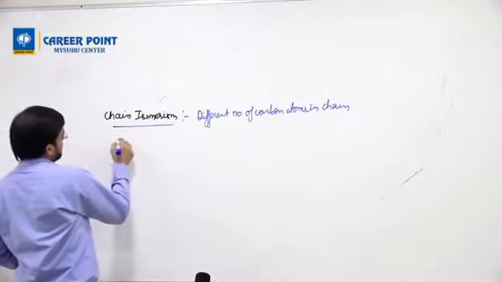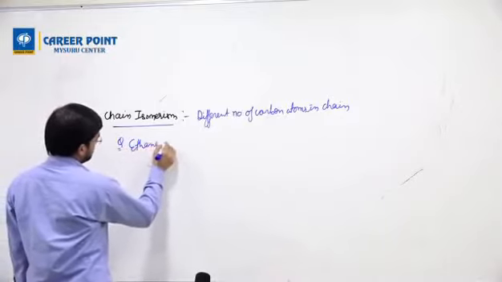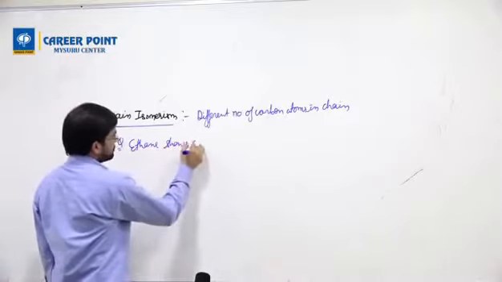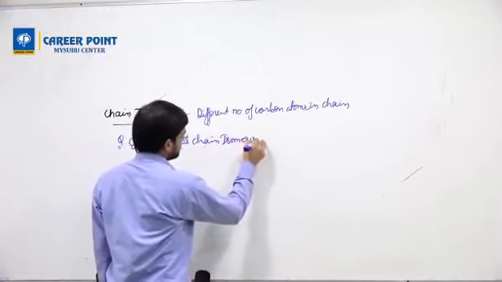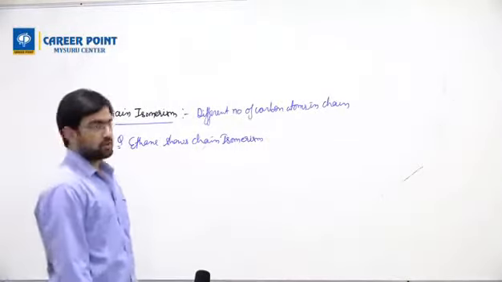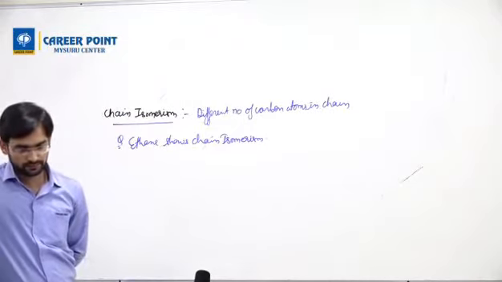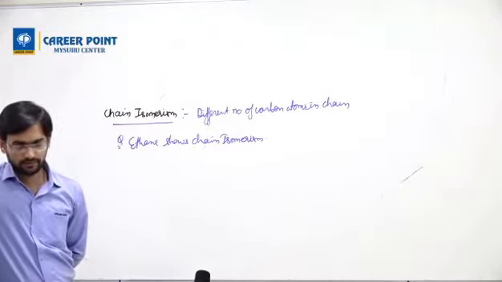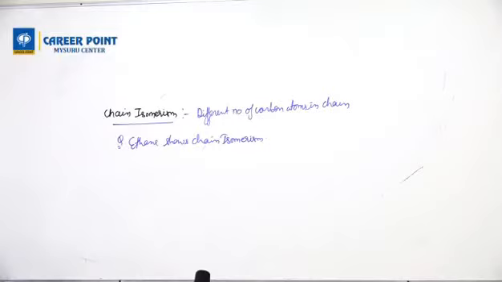So, question to you: can ethane show chain isomerism? Does it show chain isomerism or not?